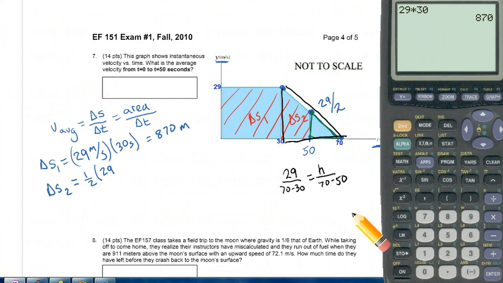Okay, so 70 minus 50 is 20, 70 minus 30 is 40. Take the 20 over the 40, that's where we get the 1/2. Alright, so the h is half of 29, 14.5. Alright, so that was a common mistake on a lot of people.